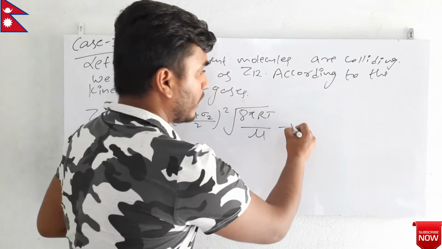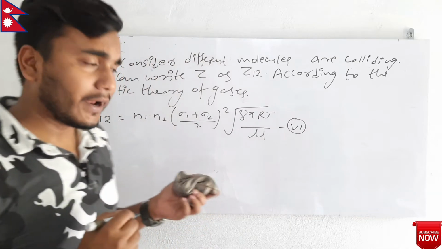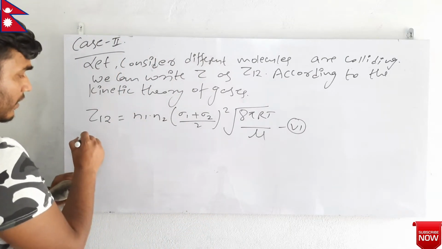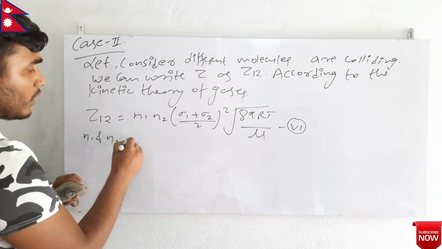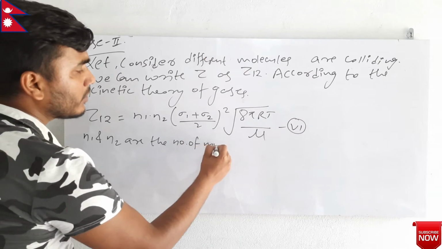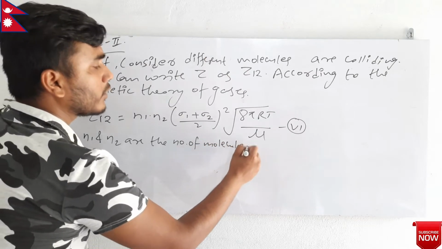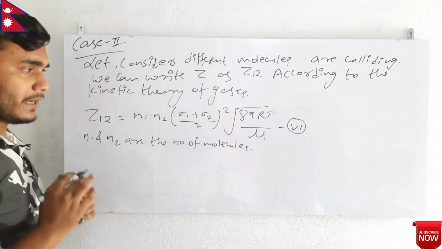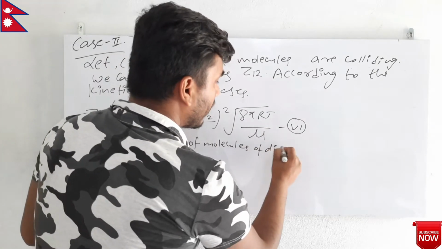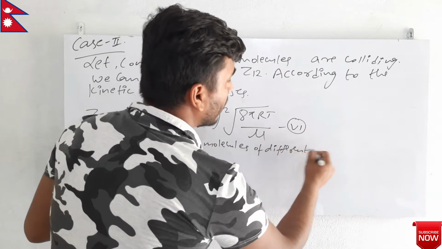Where were we? We were in equation number 5, right? Now here this N1 and N2 are the number of molecules, okay, of different types, different molecules, sorry, of different molecules.